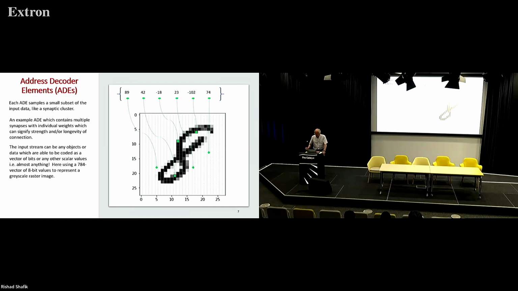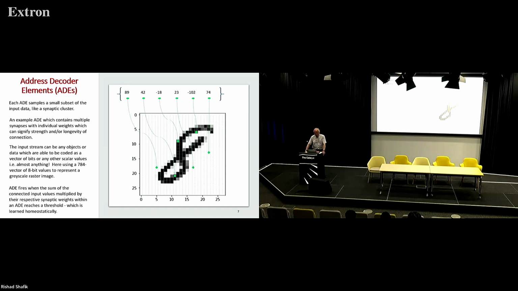They are added together and compared against the threshold. When the weighted sum of the connected input values reaches a threshold, that address decoder element fires, or it's active, however you want to think about it. This looks like a very conventional, simple neural model, but we think of it more as the process happening on an individual dendritic branch of a neuron rather than the function of a whole neuron.